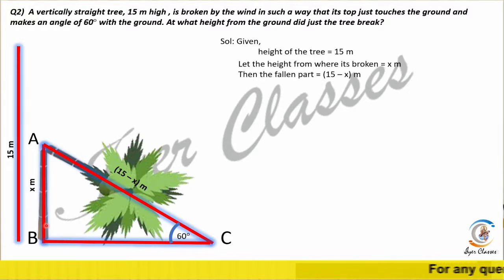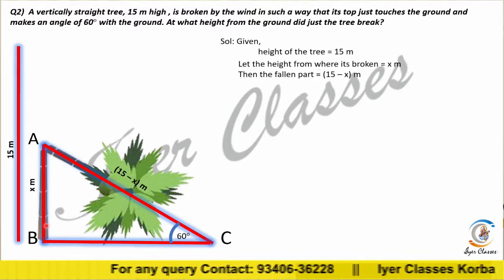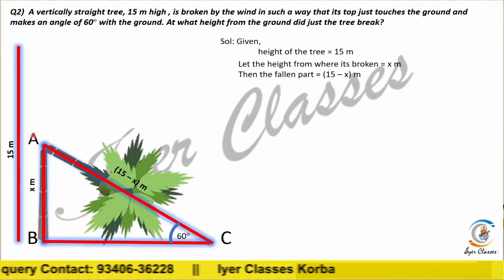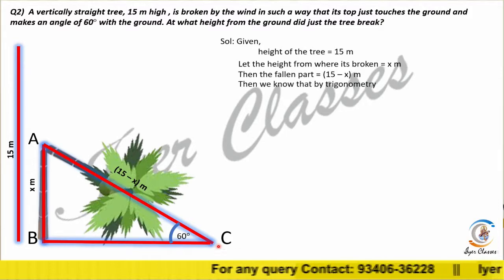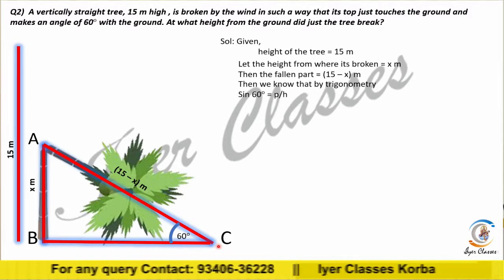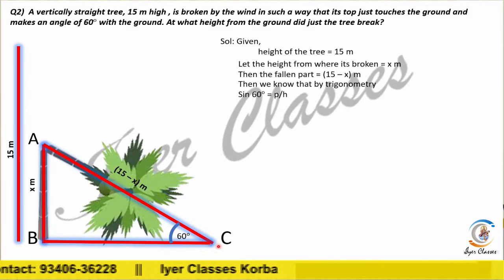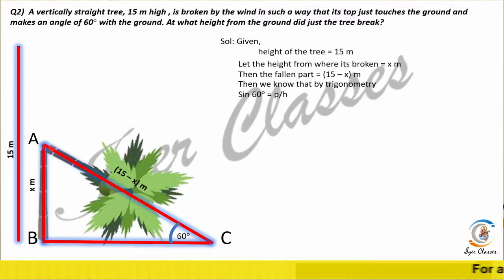One of the angles is 60 degrees. And you have a relation between a side which is perpendicular and the other is the hypotenuse. Now what is the trigonometrical ratio which connects these two? Yes, it is sine theta. So here the angle theta is equal to 60 degrees as you can see here. It is equal to perpendicular by hypotenuse.